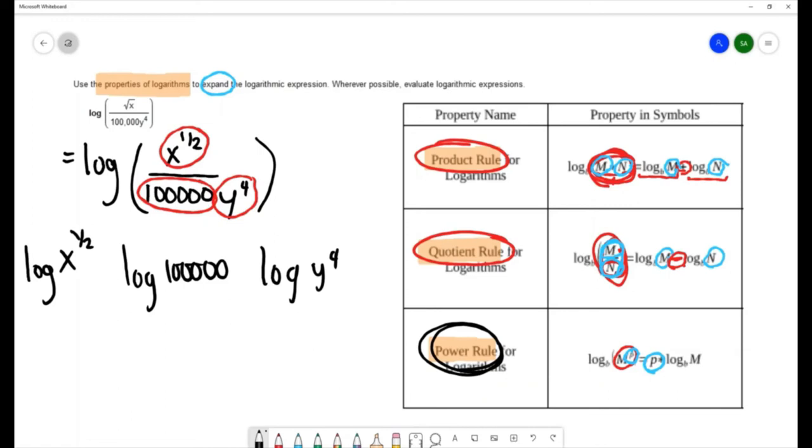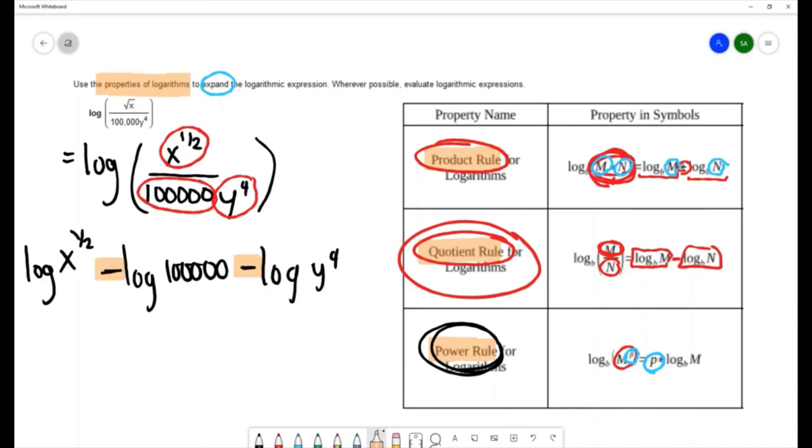So remember with the quotient rule that the factors that come from the numerator are going to have a positive log. However, the factors that come from the denominator will have a negative log. So these two factors that came from the denominator, these two have negatives, and the first one came from the numerator, so it's positive.